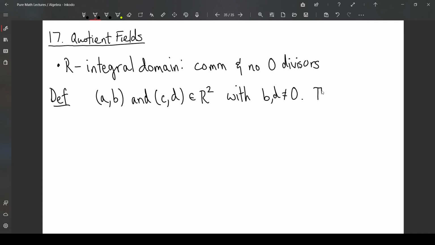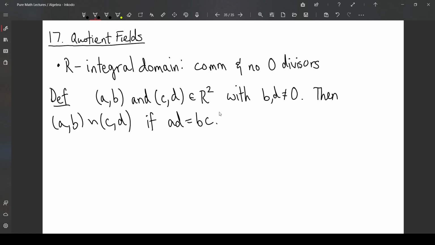Then we say that these pairs are equivalent, so we're going to define an equivalence relation on essentially R times R minus 0, if AD equals BC.